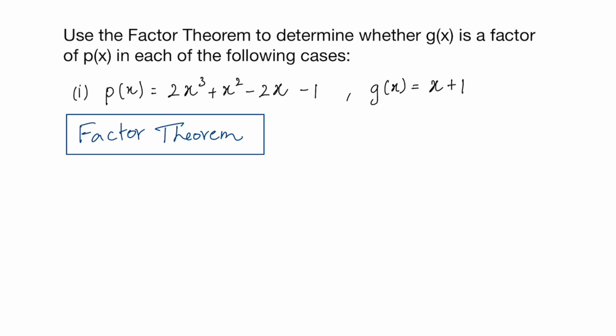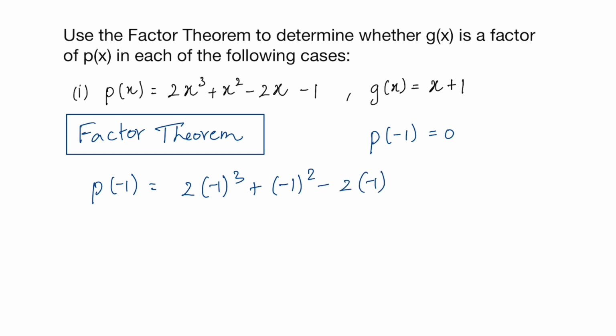If g of x were to be a factor, then p of minus 1 should be 0, right? That is what you are going to check. P of minus 1 is equal to 2 into minus 1 cubed plus minus 1 squared minus 2 into minus 1 minus 1. So 2 into minus 1 cubed is minus 2, plus minus 1 squared is plus 1, and here we have minus 2 into minus 1, so that gives you plus 2 as well, and we have a minus 1 outside.